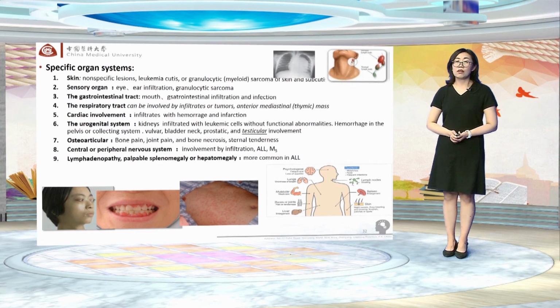Osteoarticular symptoms may occur. Bone pain, joint pain, sternal tenderness, and bone necrosis can occur, and rarely arthritis with effusion is present. Central or peripheral nervous system involvement by infiltration of leukemic cells is very uncommon, including headache, vomiting, and altered mental function.